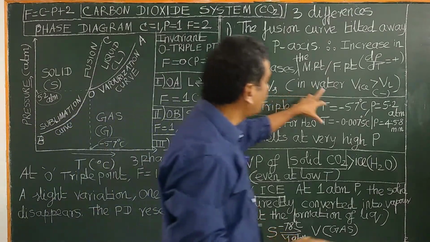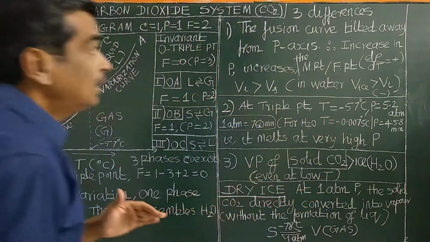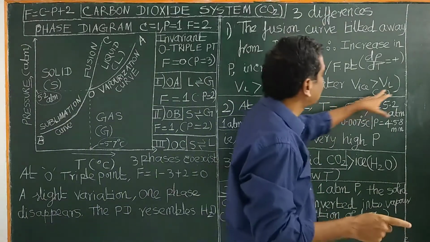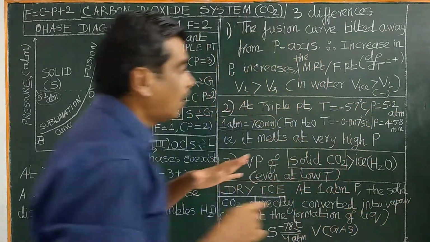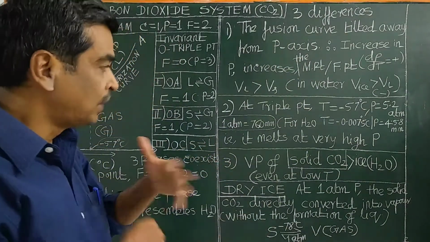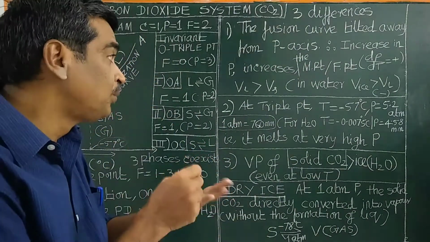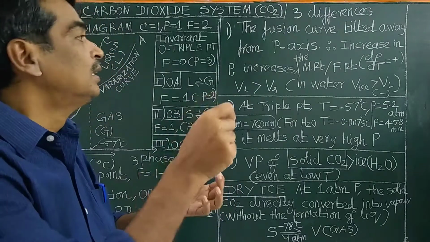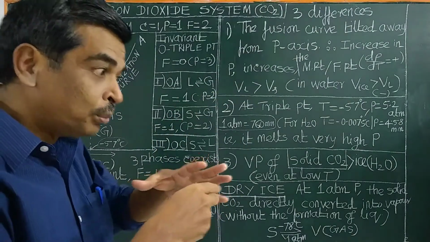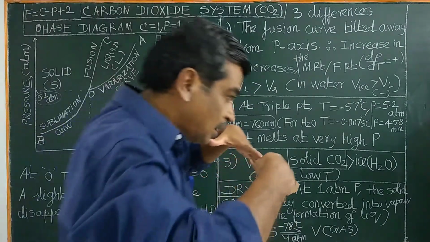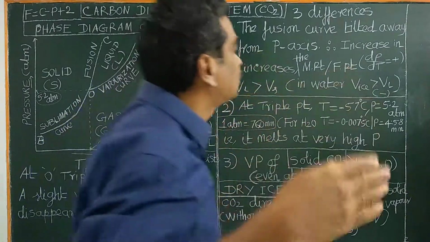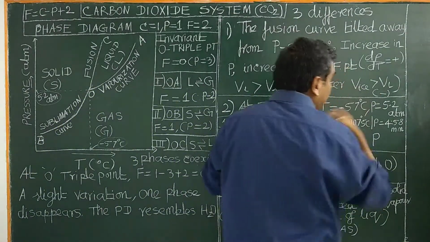Whereas in the case of water, the volume of ice is greater than the volume of liquid, because on freezing, if you keep water in a bottle, it will break, because water expands on cooling, becoming ice.